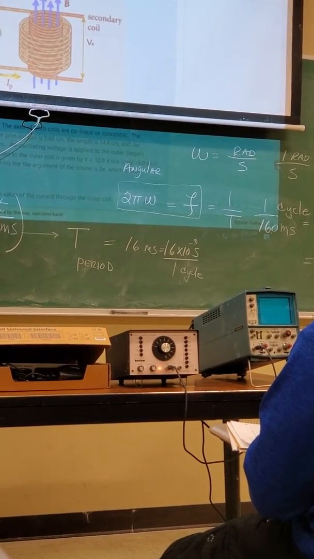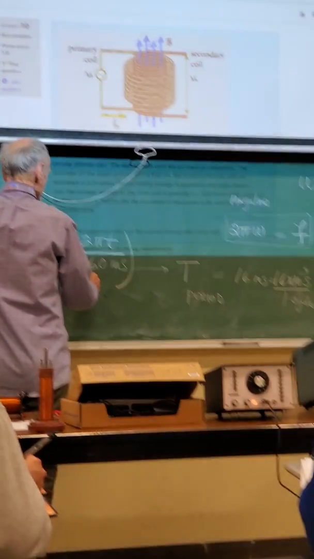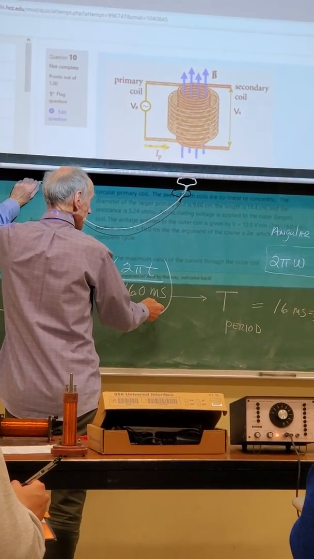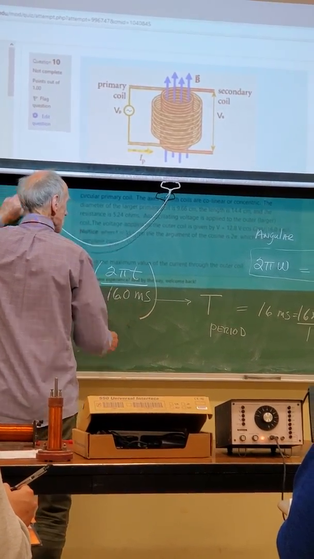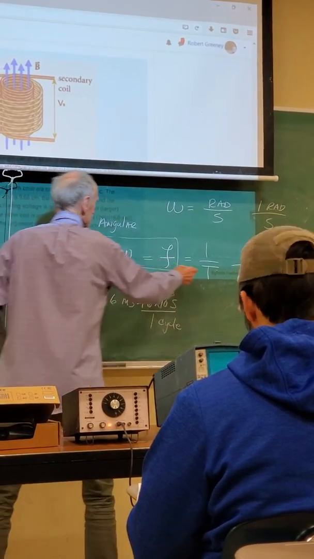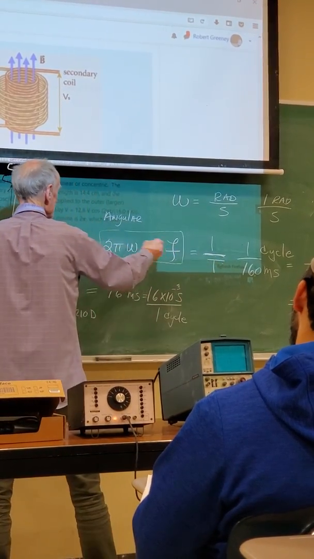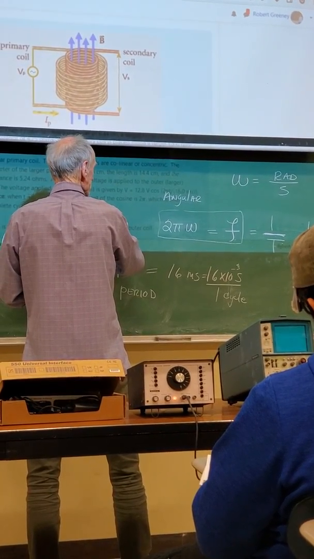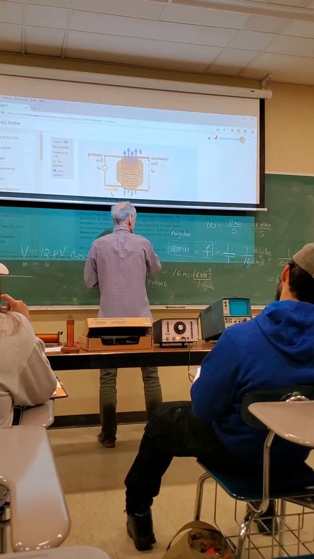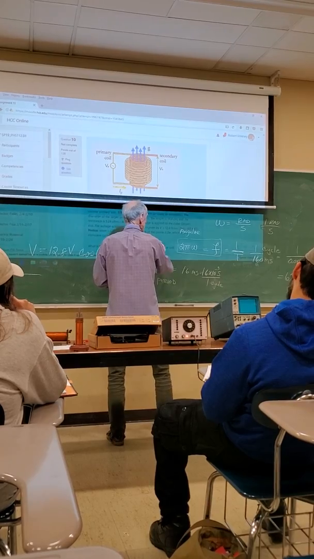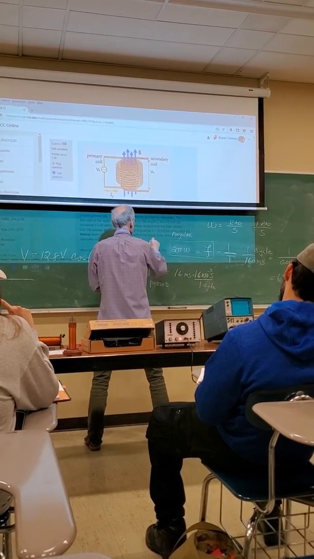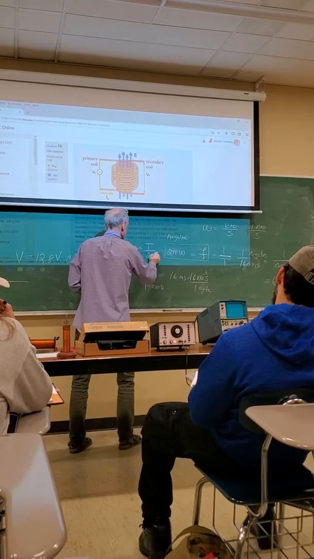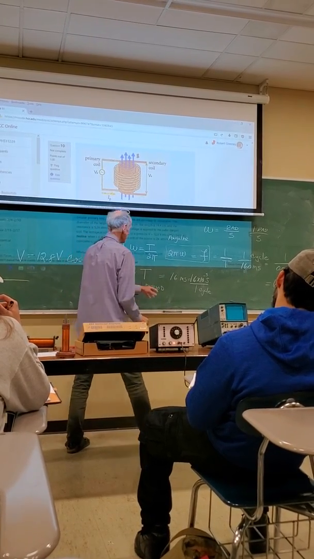Anyway, if we take this relationship and solve it for period, I think it's 2 pi over t.